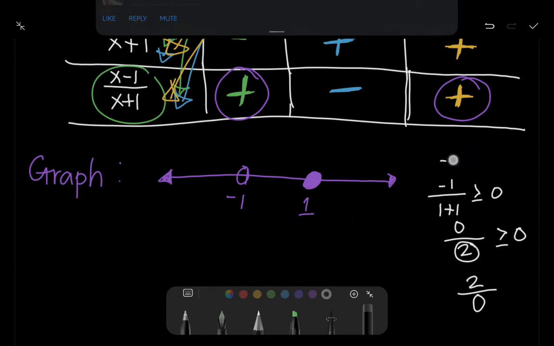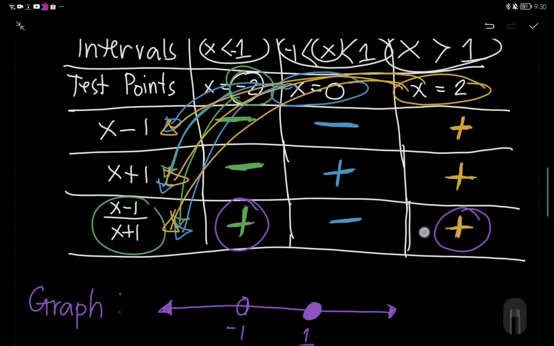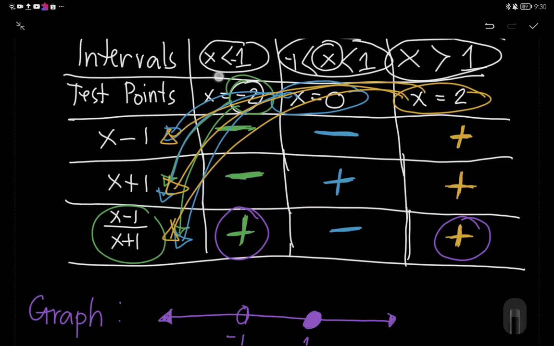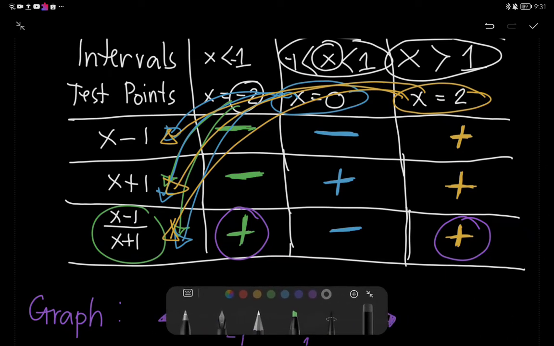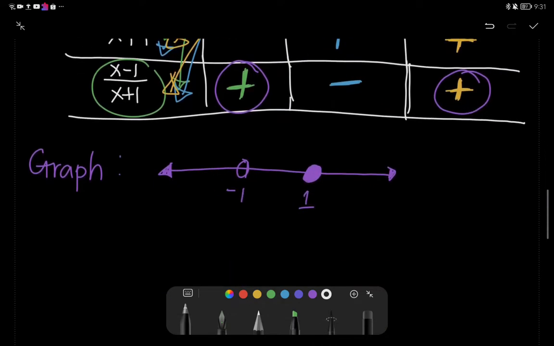Okay. Now, balik ta sa tong table, since nag-positive ang interval nga x is less than -1, o si x is greater than 1, apil kani siya. Kung kinsay nag-positive, sila mo'y apil sa solution.